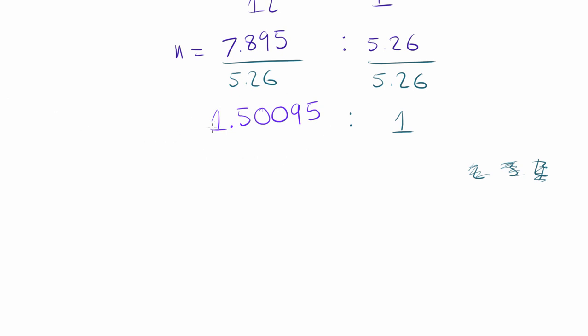If I multiply this side by 2, I'm going to get 3.0019, right? And when this is compared with this side, of course this is going to be 1 anyway.